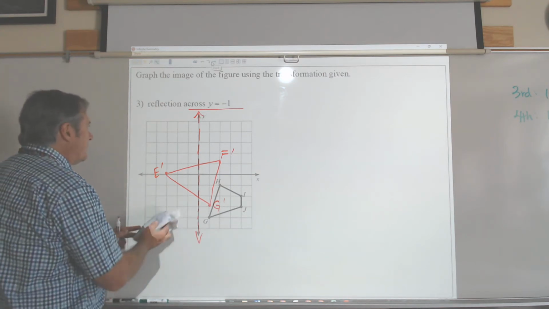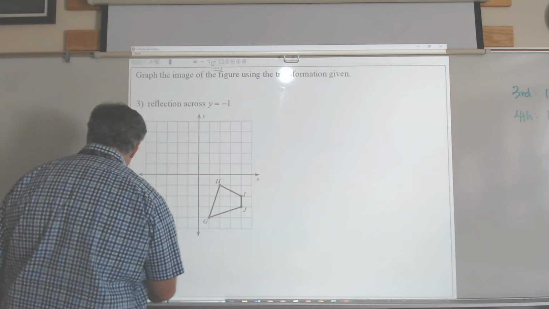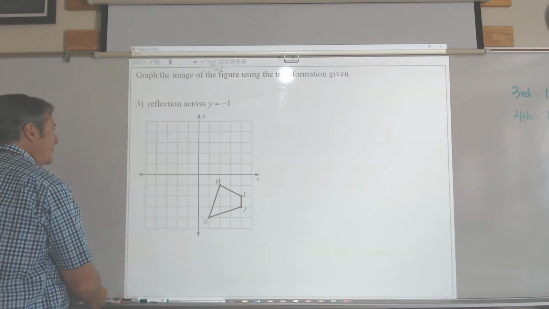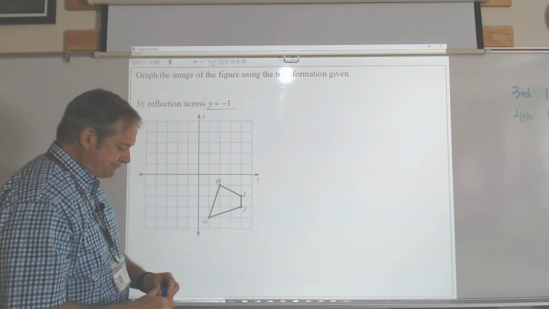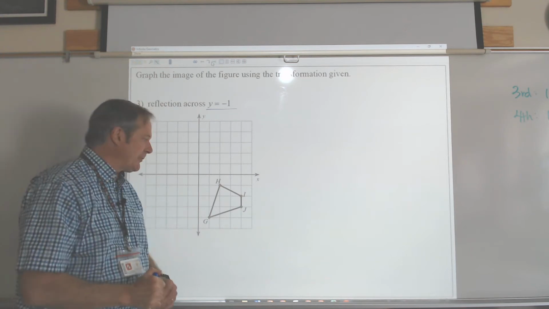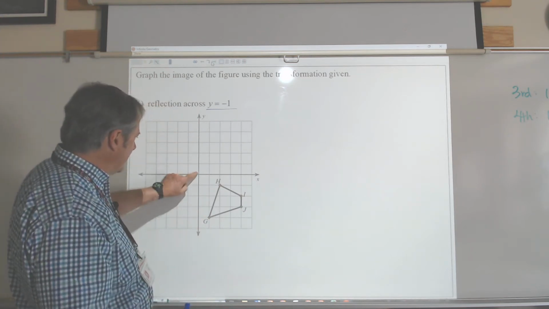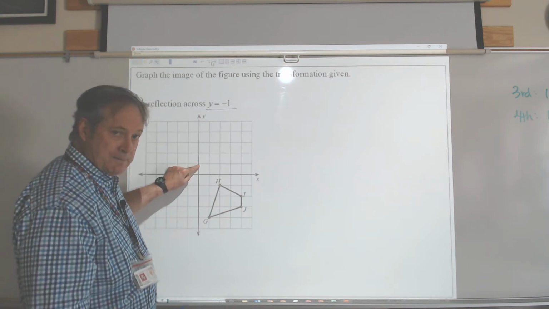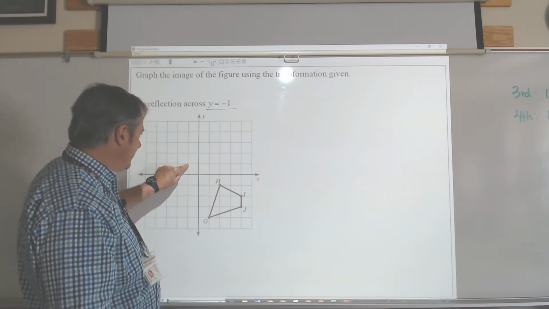Okay, now it gets a little bit different. Not a whole lot, but a little bit more challenging. In this case, we're going to reflect it across the y equals -1 line. Now this is where kids have a problem because they know in their head that, all right, this is the y-axis, that's -1 on the y-axis, right? Is that -1 on the y-axis?